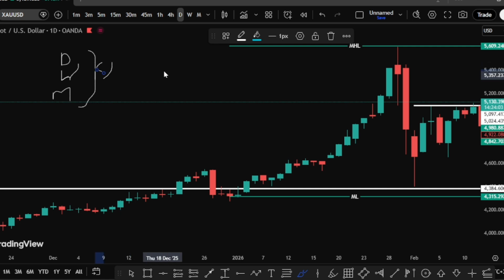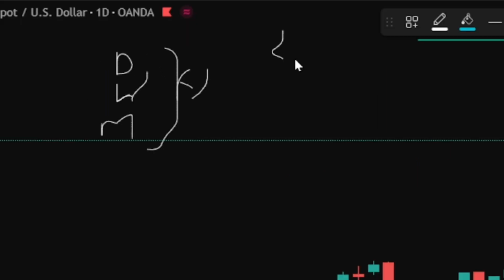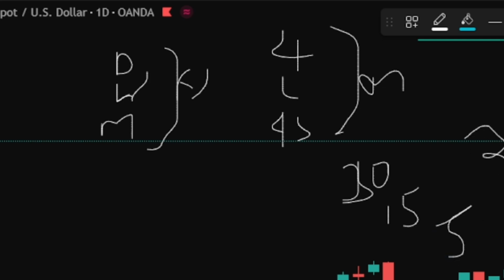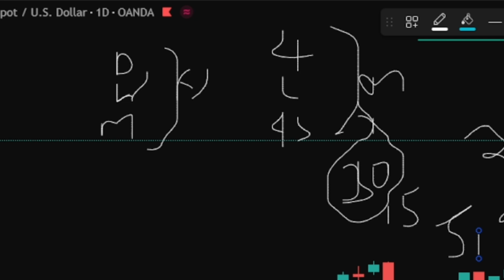If you come to 4 hour, 1 hour, and maybe 45 minutes, these are medium time frames. Then we have something like 30 minutes, 15 minutes, and maybe 5 minutes. Those are lower time frames. But these 30 minutes, it can also be categorized as a medium time frame. So 15 minutes, 5 minutes, and 1 minute or 3 minutes are lower time frames.